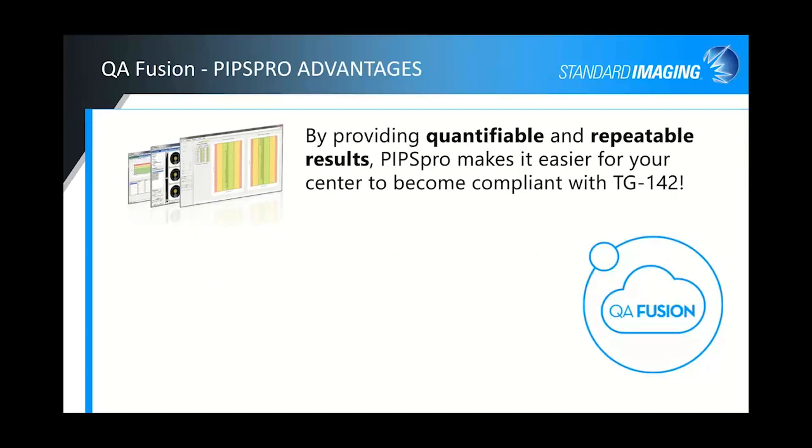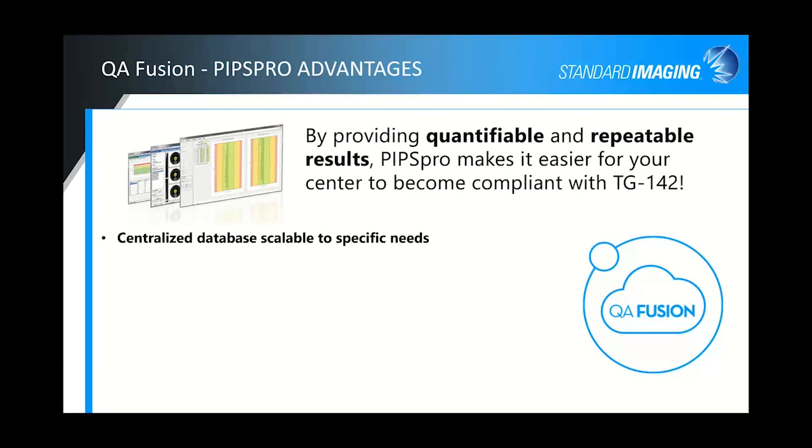So some of the PIPSpro advantages: everything is quantifiable. It's not just a qualitative test. You actually have numbers and numerical results and very repeatable results. It just makes it that much easier to do your compliance for TG142.